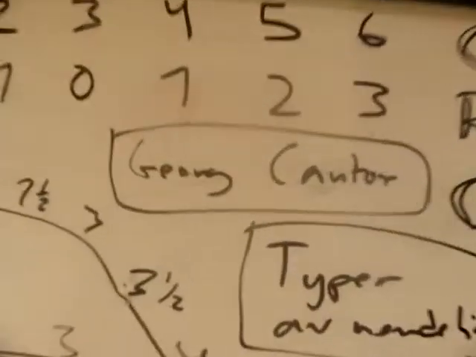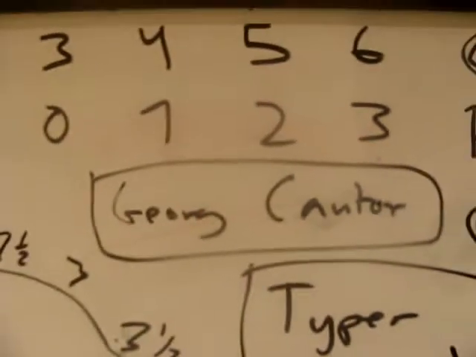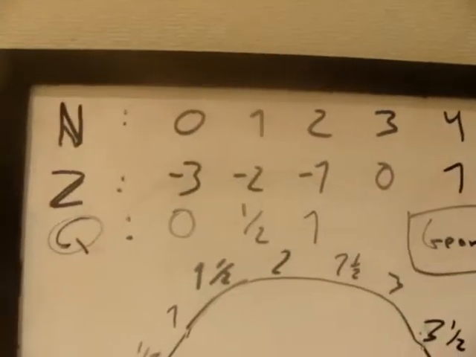A very important person in this respect is Georg Cantor. He was a mathematician who described qualities of different kinds of infinities.